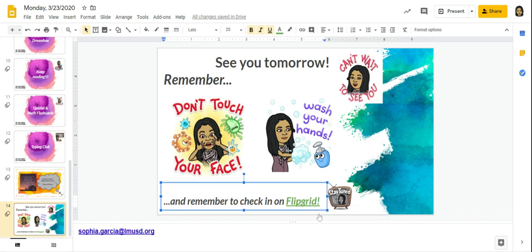If you click the link here, it'll take you here to log in with Google, which then you choose your account. And then you can come here, and if you go down, you see the Flipgrid that I did today, which is Friday the 20th, and then the different topics. So you can go back on any day, give feedback on any of these days, and also see what I have left for you guys.